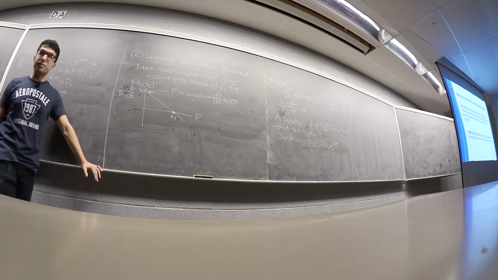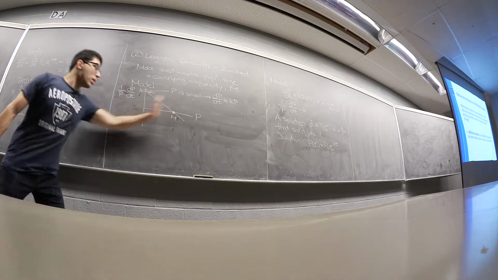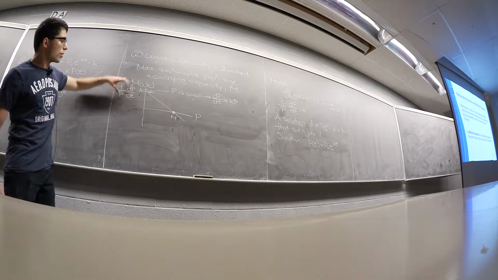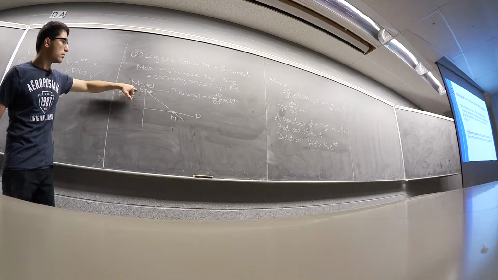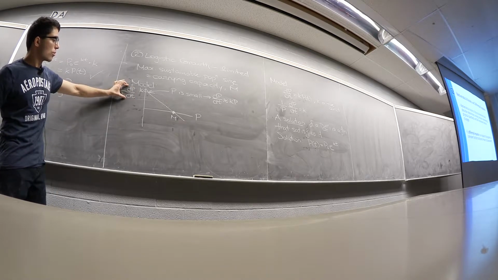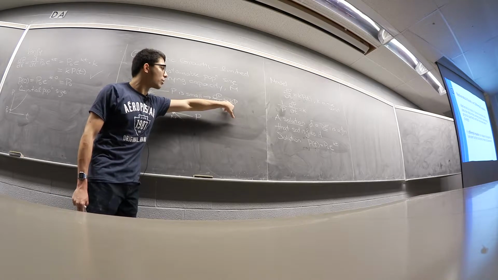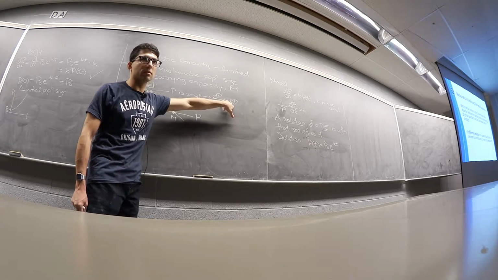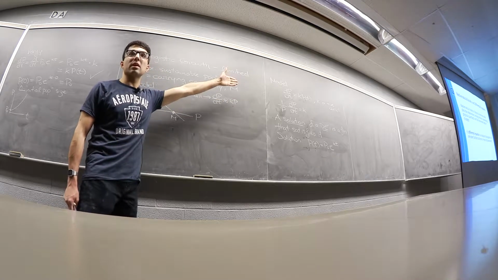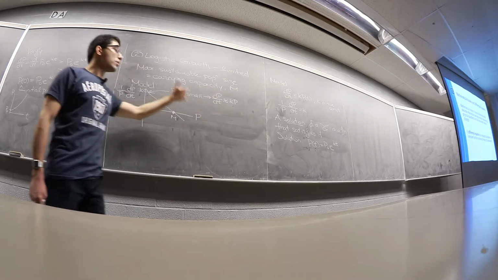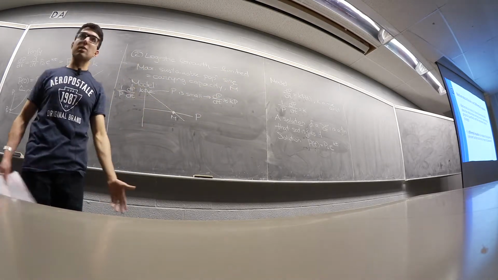Does that make sense? Okay, so when the population is small, so we're down here, the relative growth rate is around k. So the growth rate is around kP, proportional to the population size, which we said is what happens in exponential growth. For small population sizes, you essentially have exponential growth.